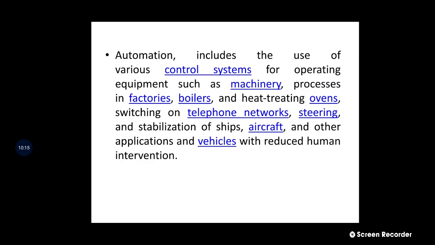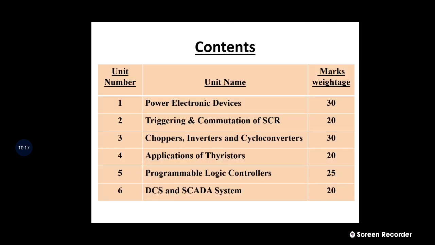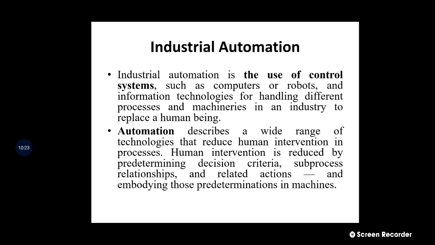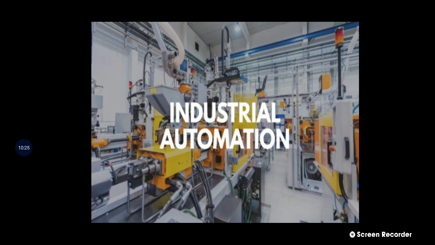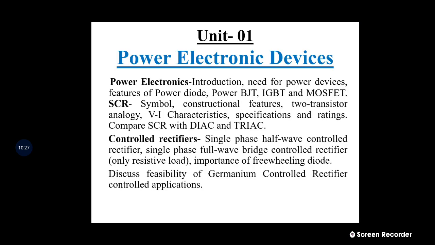So in this subject, the very first unit is power electronic devices. In this unit, you are going to study some of the semiconductor devices as you studied earlier in the subject named SCD in second semester.